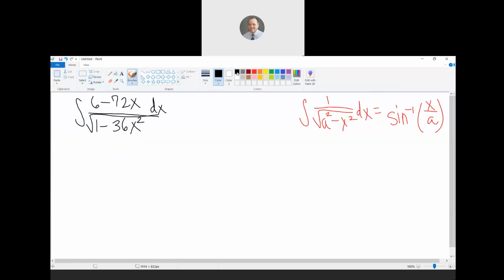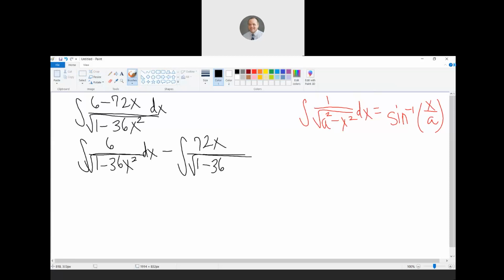So one of our integrals is 6 all over the square root of 1 minus 36x squared minus the integral of 72x all over the square root of 1 minus 36x squared dx.